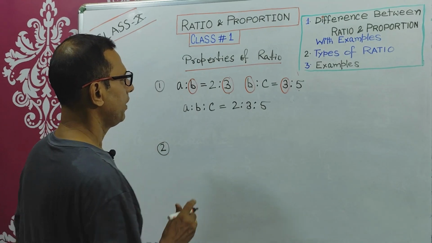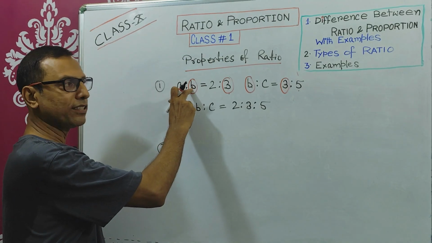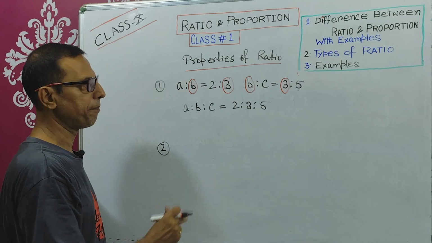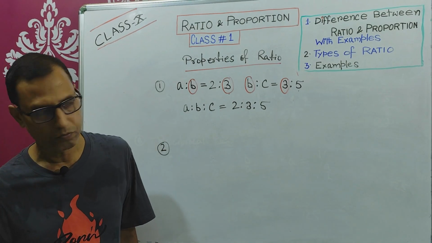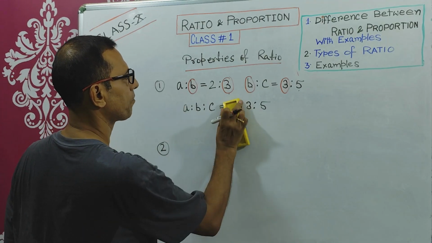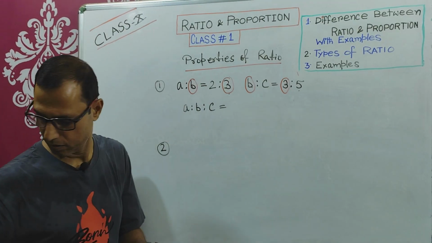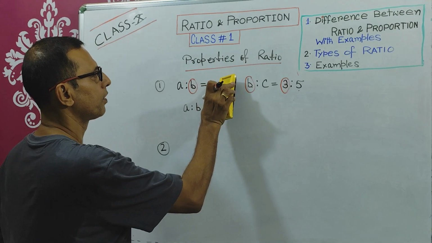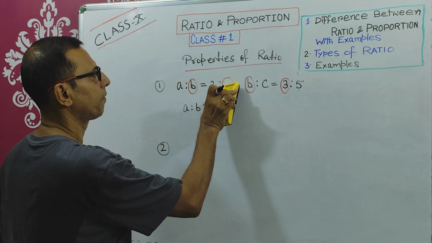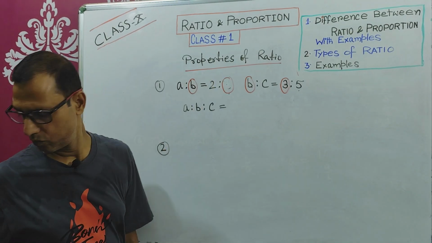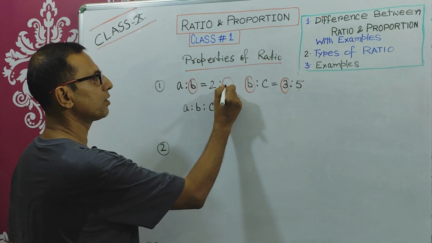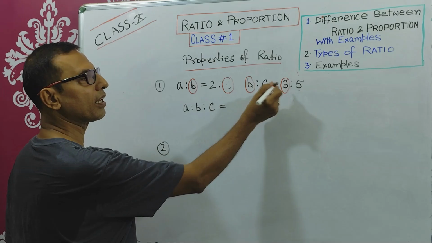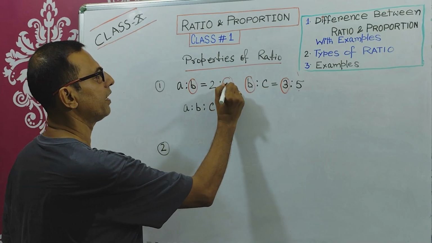But if the entity is common, but the value is not the same, and you are asked to find A is to B is to C, what do you need to do? Here in the earlier case it was B in both, with value 3, but here it is not the same.